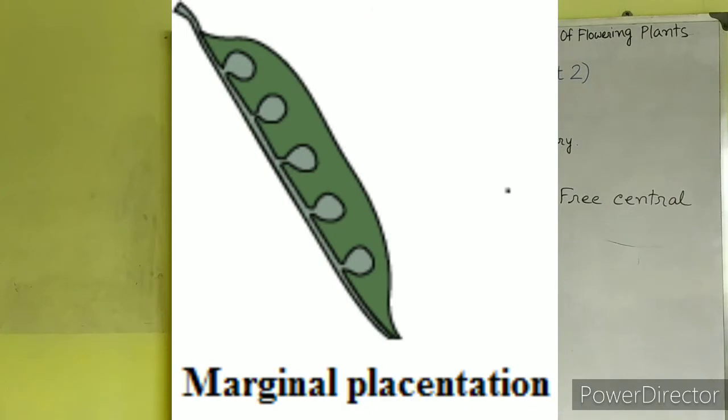This diagram shows marginal placentation. In marginal placentation, you can see the placenta forms a ridge along the ventral side of the ovary, and the ovules are borne on this ridge, forming two rows.